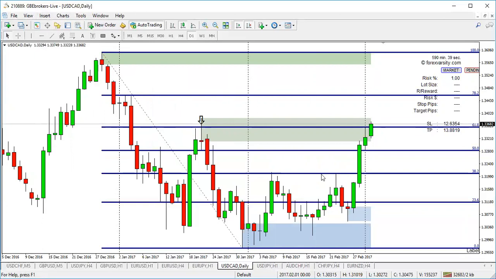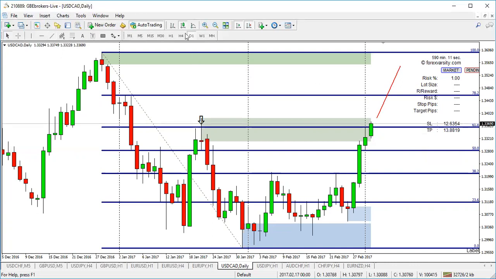However, in this current case, if we get a daily close back above the 61.8, it basically means that the market is due for a correction and most likely will continue back in an upwards direction.